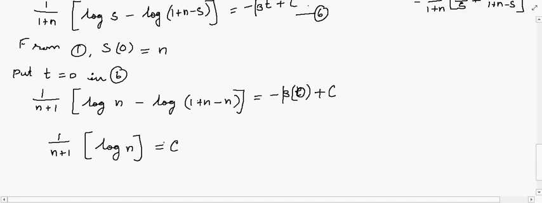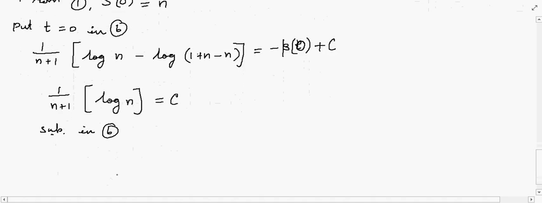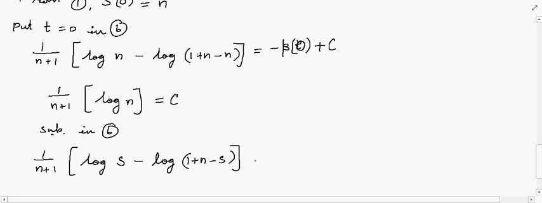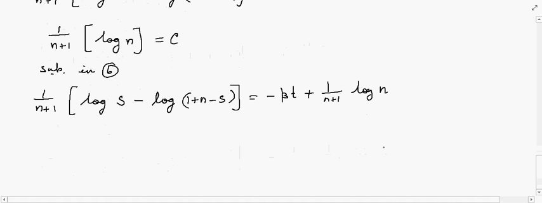Then substituting that in 6, 1 by n plus 1 into log of s minus log of 1 plus n minus s equal to minus beta t plus 1 by n plus 1 into log of n. Take this log n to the left hand side.